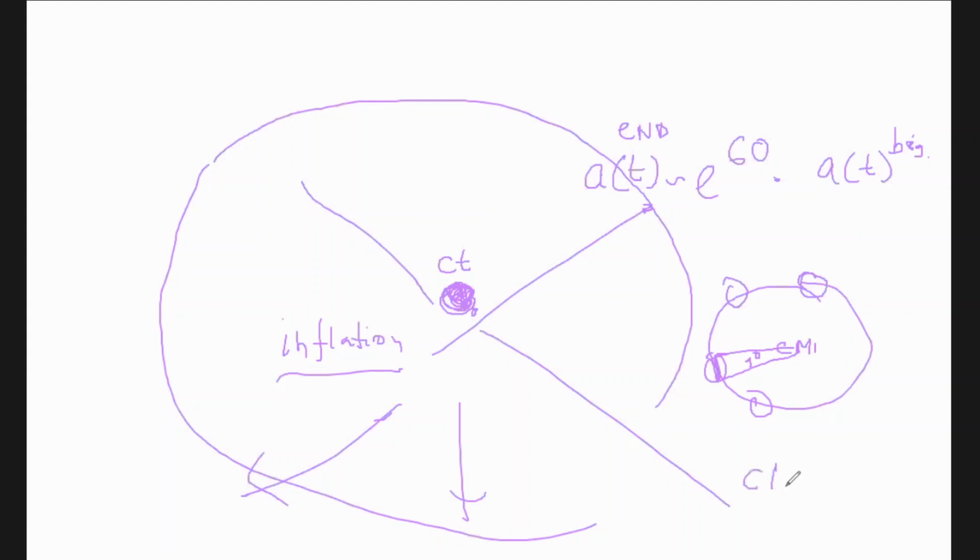If you calculate C times 0.3 million years, it corresponds to a distance which today we know as the angular diameter distance. We'll come to that later. If you divide this r, small r, by the angular diameter distance dA, you get theta, and that theta corresponds to 1 degree in the CMB sky.